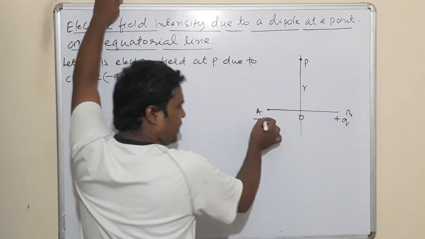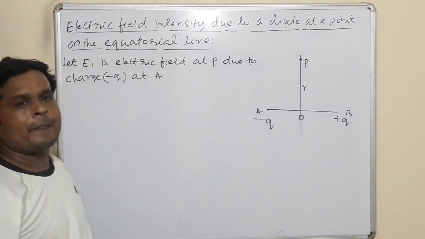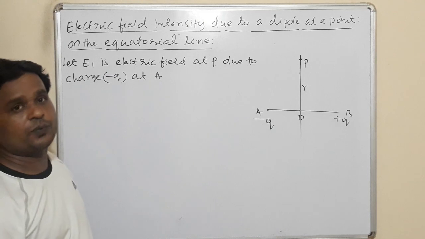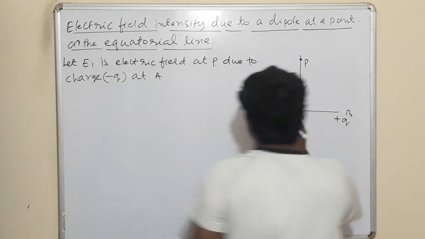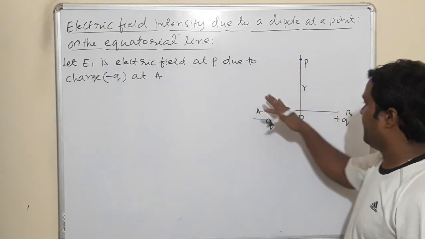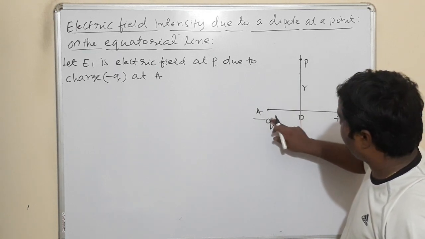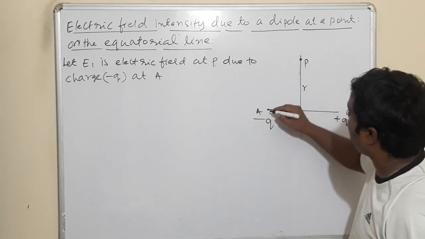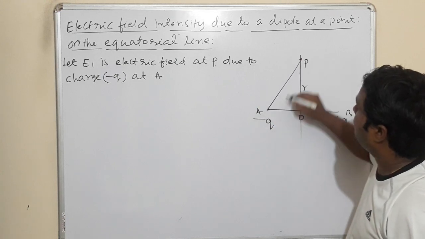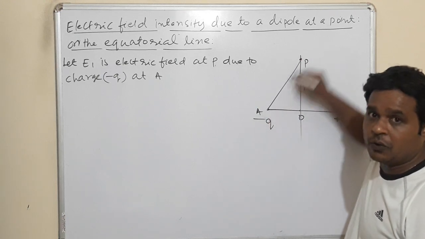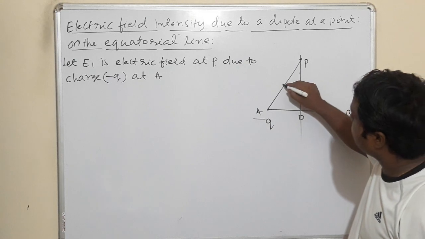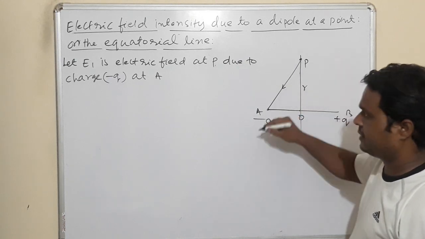E1 is the electric field due to this charge. Now how do we take the direction of the electric field? Since this is a negative charge, the direction of the electric field due to this charge at this point will be towards the charge, like this.